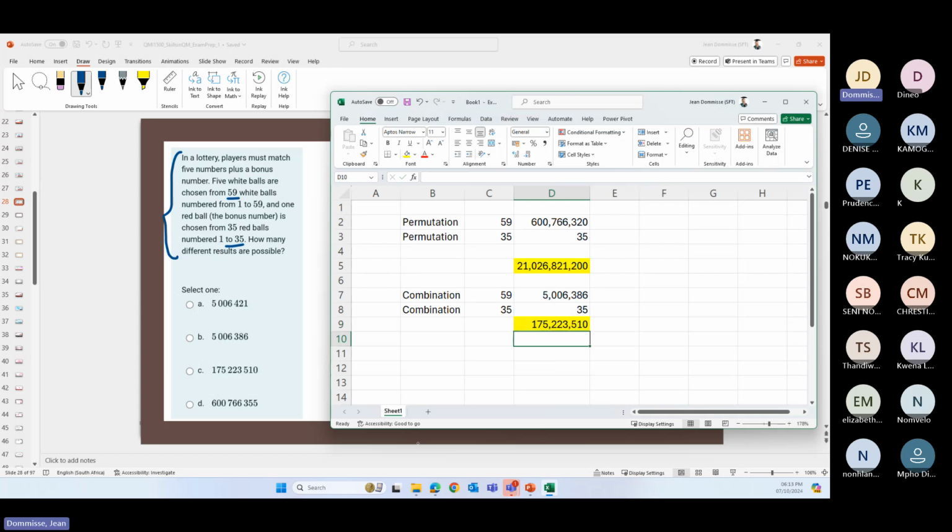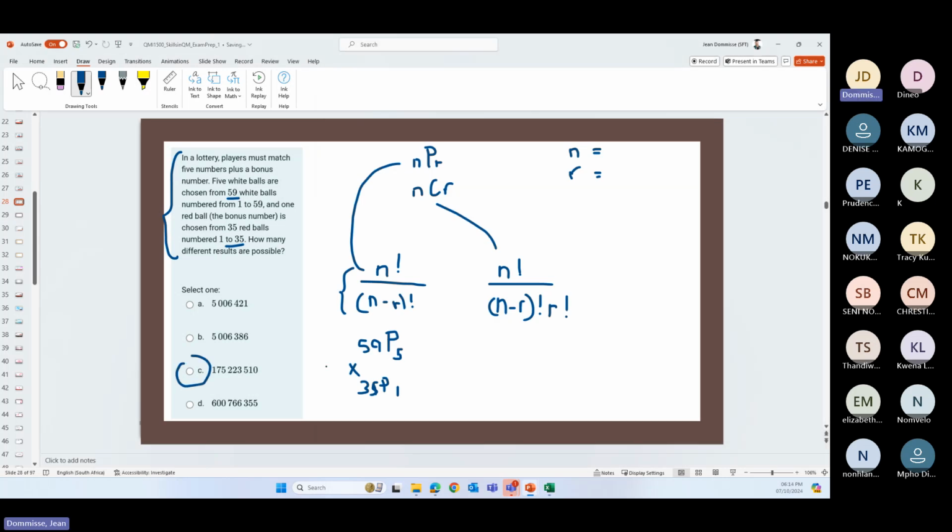Okay, and then we see that it is option C. So very important here is that we actually going to work with a combination. And the reason why we're working with a combination is because we don't worry about which number comes out first.